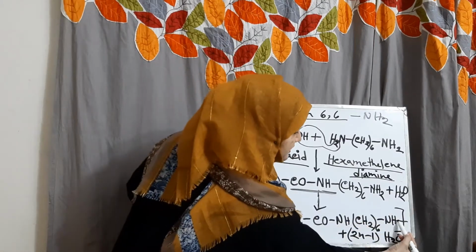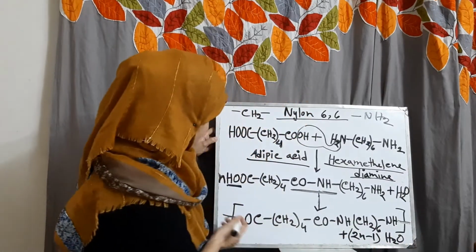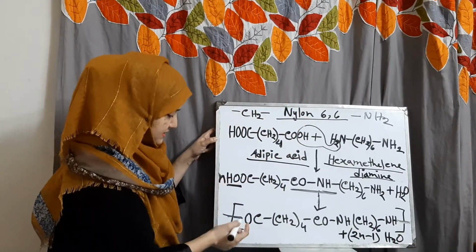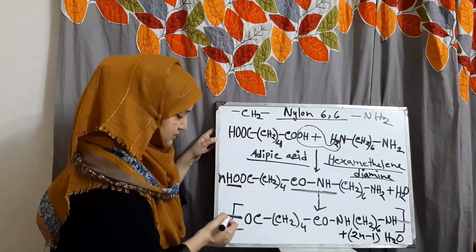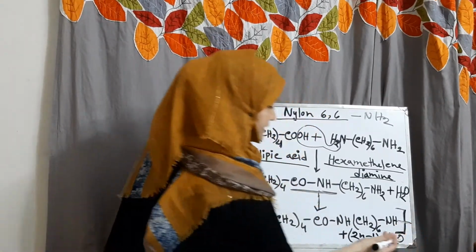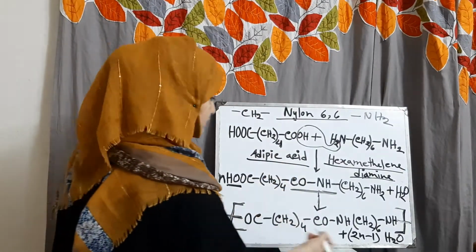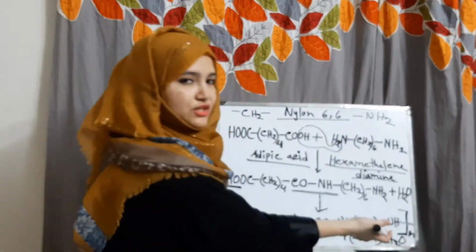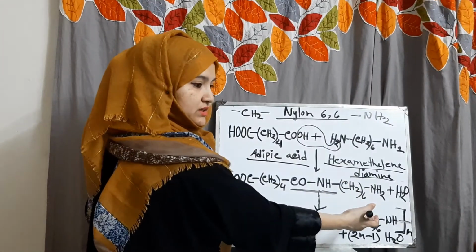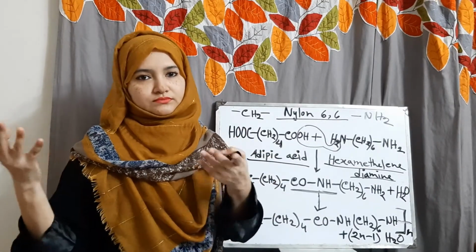Then one bond is free, and from this side this bond will be open, and we have to put a third bracket to represent the monomer unit, the repeating unit, and we put n, small n, here, which means a lot of repeating units. This number may be 2000 or 20,000 and so on.